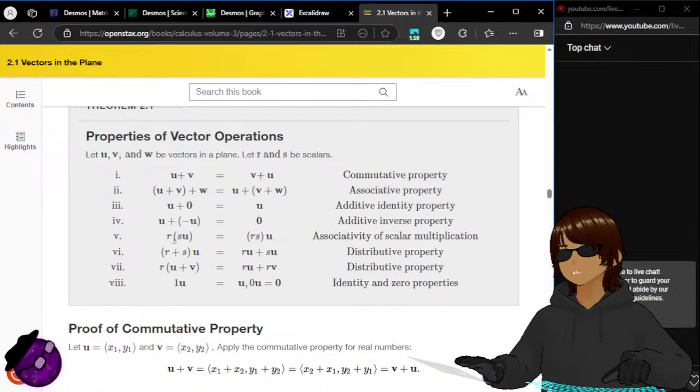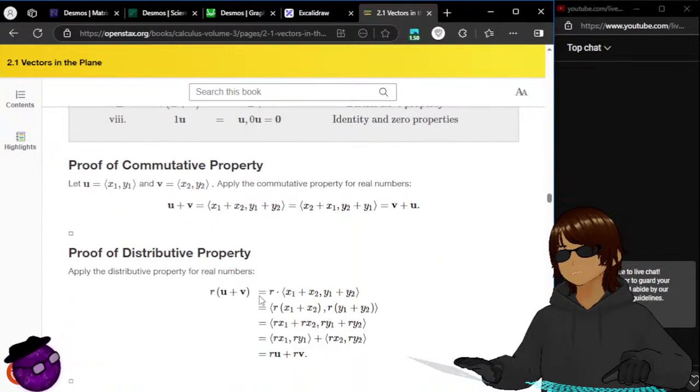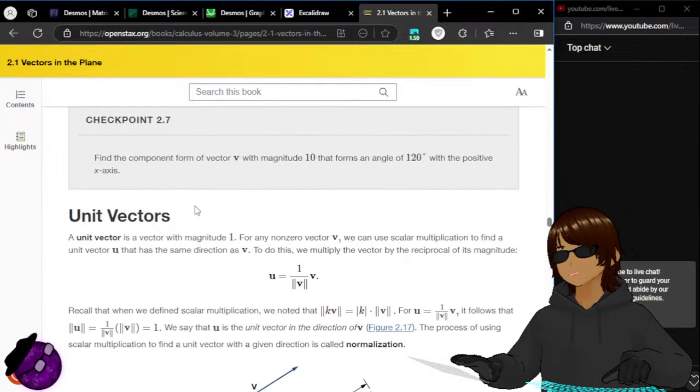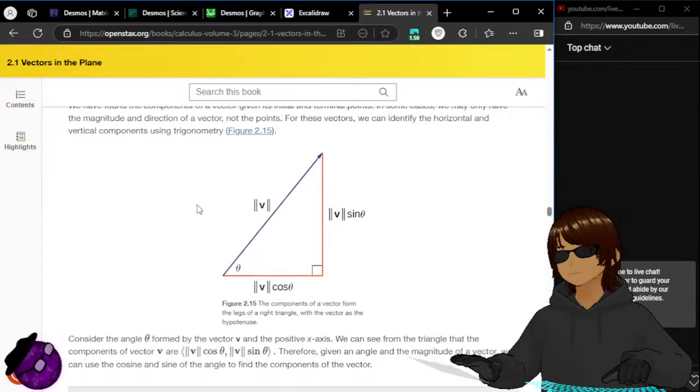So R and S are both scalars. Distributive property. This is also distributive property. Identity and zero property.